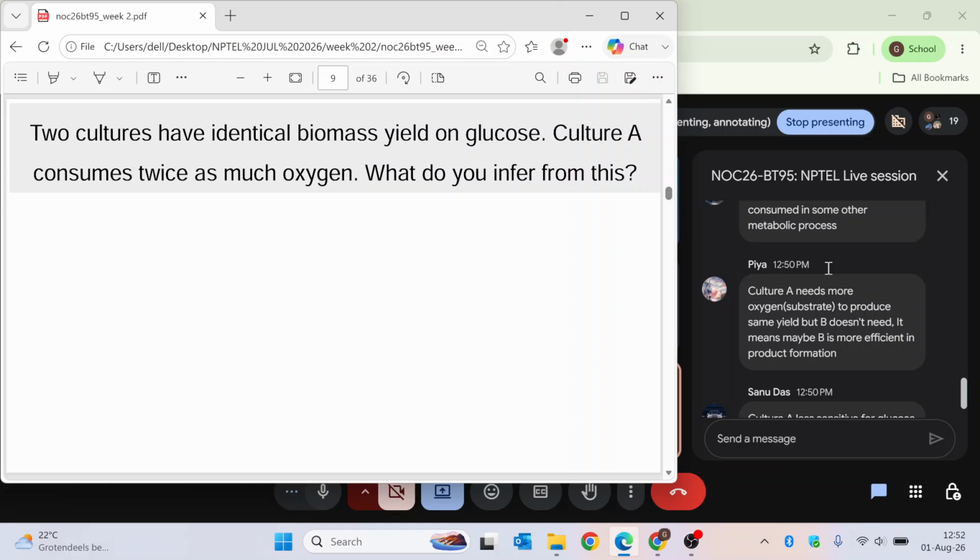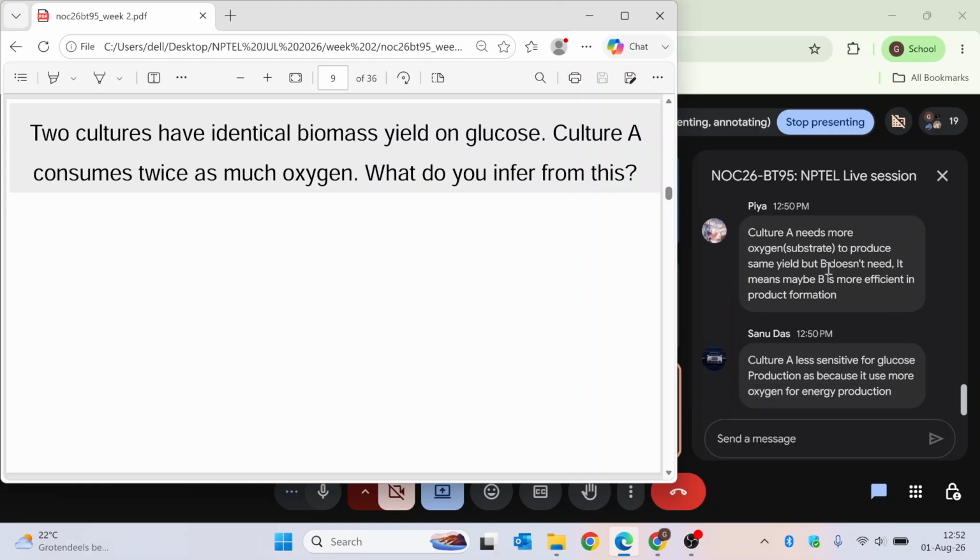But here, I hope the product you mean is the biomass, because apart from that we are not talking about any product being formed. And finally, culture A is less sensitive for glucose production because it uses more oxygen for energy production. But here we talk about glucose consumption.